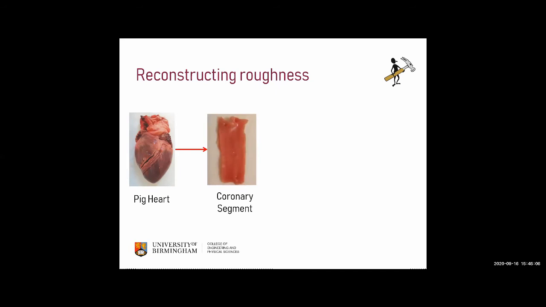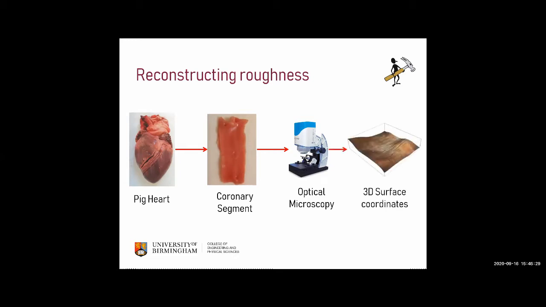From that, we take a very small piece from the top of the artery, as I mentioned earlier in that circle, which we open up and ready to look at under a microscope. So this is our representative piece of the coronary artery surface, which we're then going to look at under a microscope to get a very detailed picture of the surface itself.